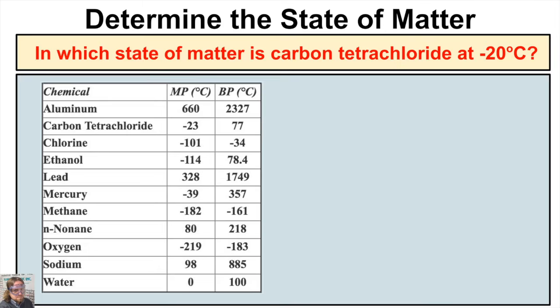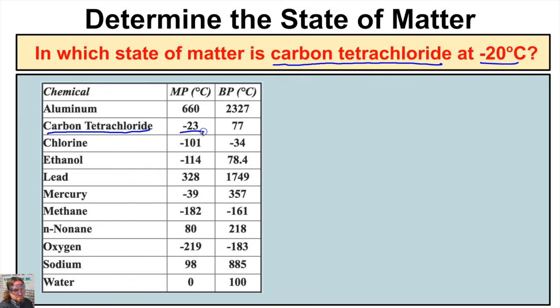In this example, it says, in which state of matter is carbon tetrachloride at negative 20 degrees Celsius? So we have carbon tetrachloride at negative 20 degrees Celsius, and we need to figure out the state of matter that this is in. So I recommend, once again, you pause the video at this point and try to figure this out yourself before I explain it. And so if we take a look here, we have carbon tetrachloride, which is right here on our table.